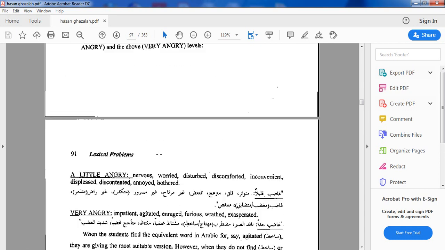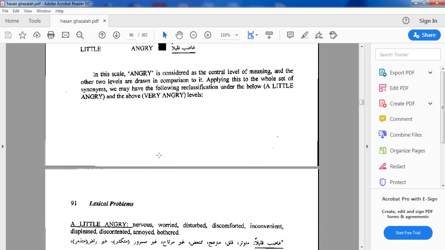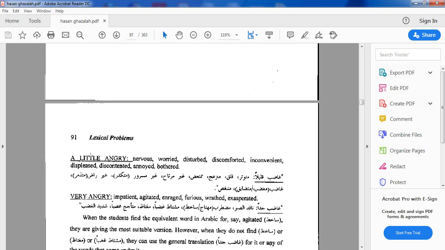Within little angry, you have got those meanings: nervous, worried, disturbed, discomforted, inconvenient, displeased, discontented, annoyed, bothered. And you can give its equivalents in Arabic. غاضب قليلا, متوتر, قلق, منزعج, yes, as equivalents in Arabic.